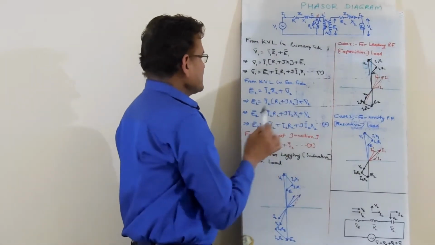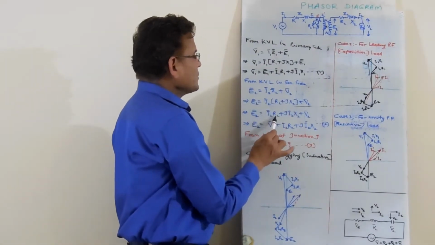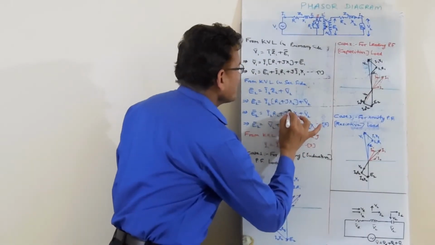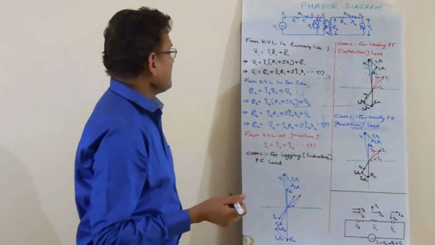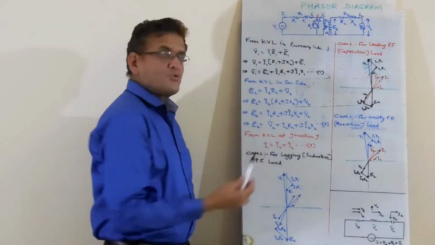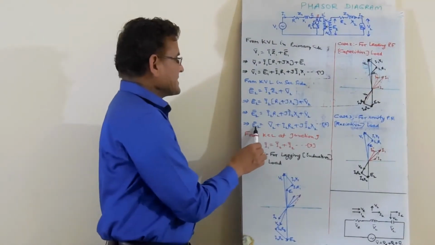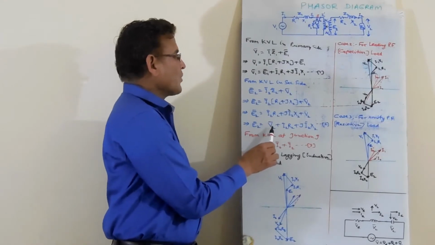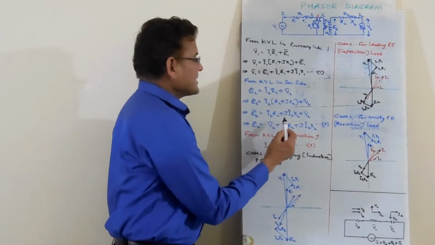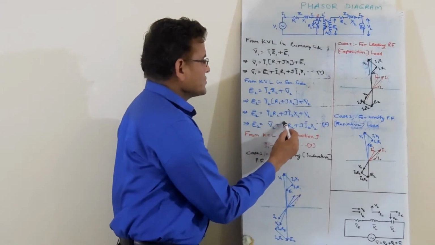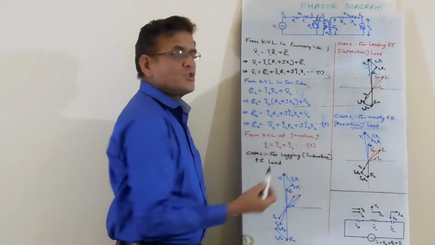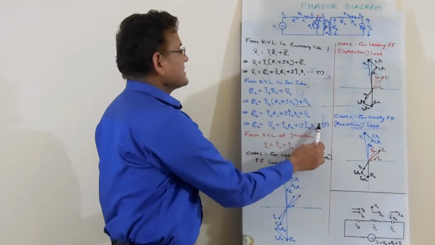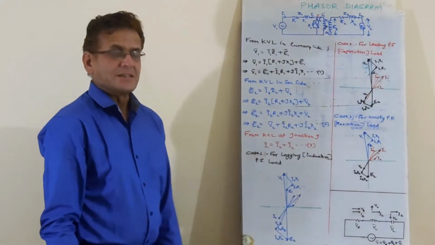Expanding this, E2 is equal to I2R2 plus jI2X2 plus V2. So mutually induced EMF in secondary side is equal to vector sum of voltage across load plus voltage drop across resistance plus voltage drop in leakage reactance. Mark this as equation number second.